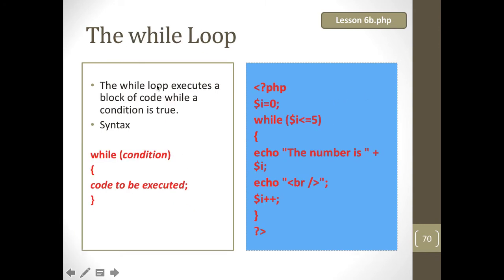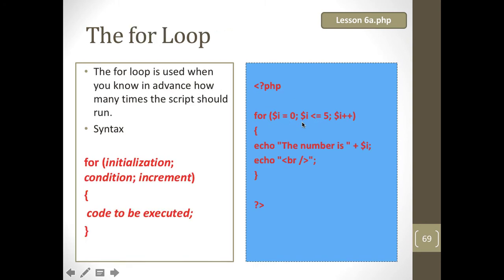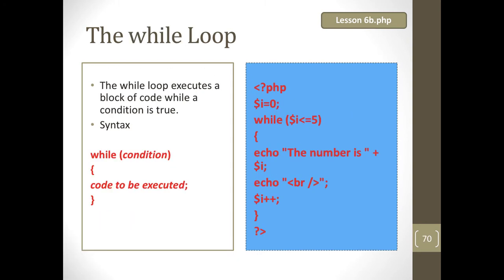Next, the while loop is slightly different, but almost the same. You have a condition, and then it will continue to execute until the condition is no longer true. So how to practice this? See lesson 6b.php. You see this code. While is the condition, and in this case there is no increment value in the header.